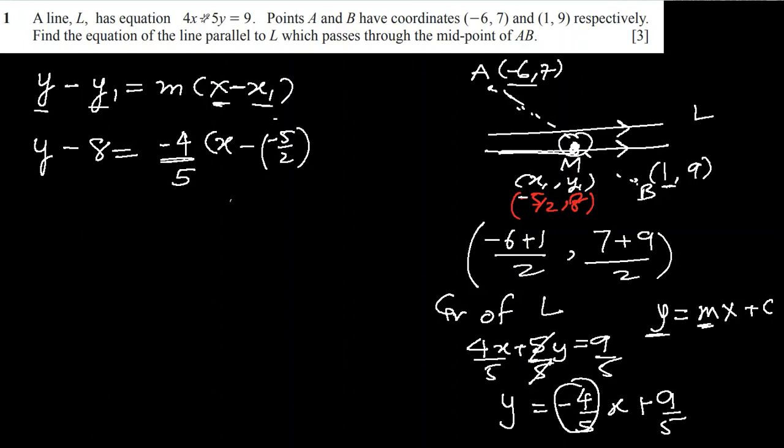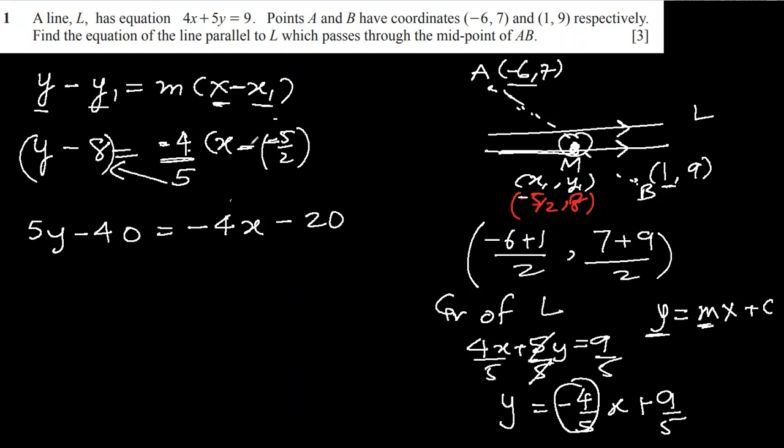And since they have given this format for L, let's do a similar thing. So 5 will multiply with this whole thing. We get 5y minus 40 by cross multiplication. And minus 4 will multiply with its bracket. So minus 4x and this minus and this minus. There are three negatives. Will become minus plus 20.